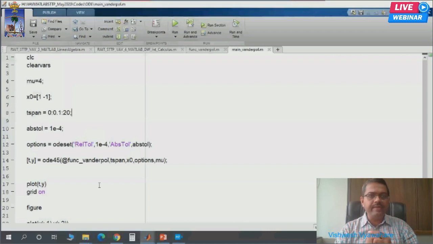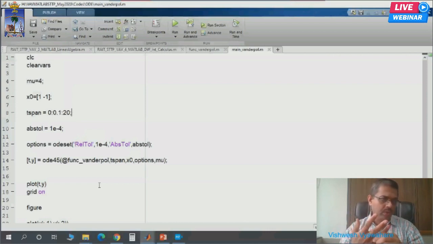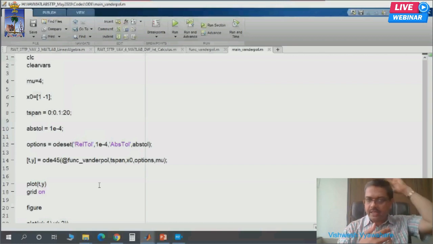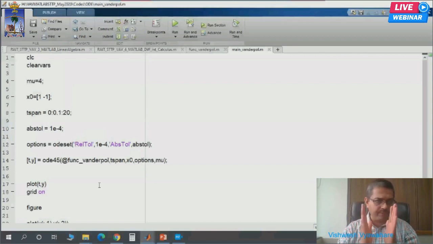Is this the only way of solving ODEs in MATLAB? The answer is no. You can also solve ODEs analytically, using the symbolic algebra toolbox, there you can solve it. But there will be some differential equations for which you may not be able to get a closed form solution, especially nonlinear differential equations.